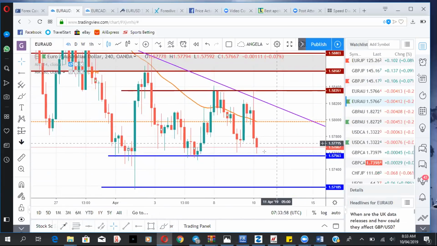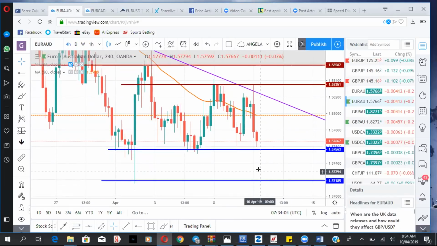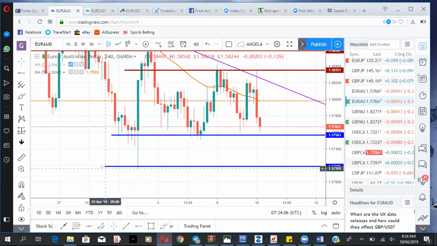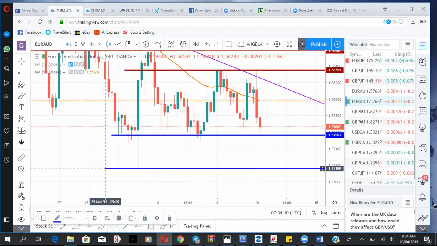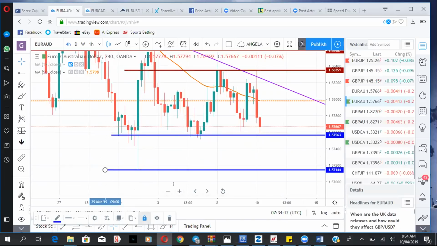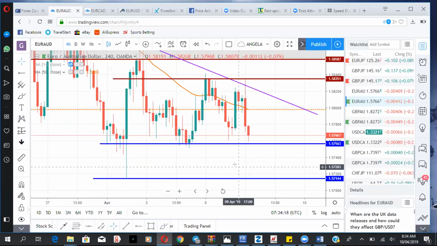So this most likely seems to be the structure. 158.35, 157.56. A move below 157.36 will send price down to this point. So we just need to be aware of that.